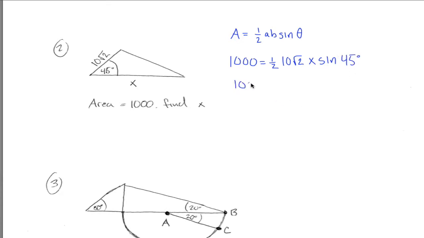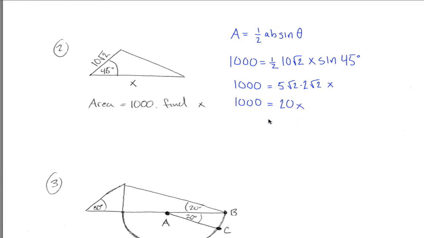So we get 1,000 is equal to 1/2. I'll go ahead and multiply that. 1/2 times 10 √2 is 5 √2, times sine of 45, which is √2 over 2, times X. So 1,000 is √2 times √2, which is just 2, so 5 times 2 is 10, times 2 is 20.